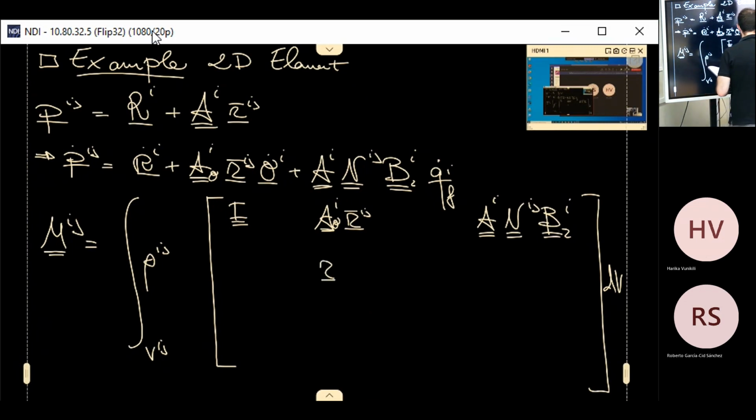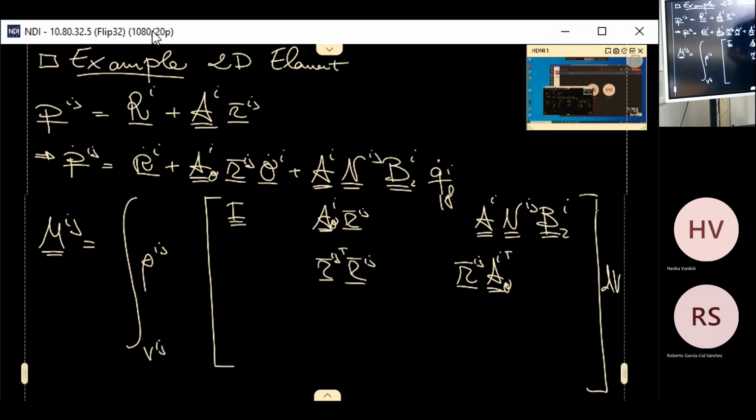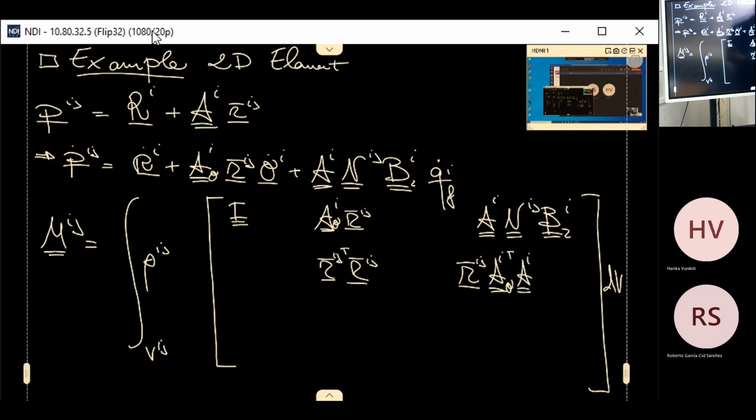Then we had R-bar_ij transpose over R-bar_ij. And then we had R-bar_ij applied over A-theta transposed over A_i N_ij B2_i.